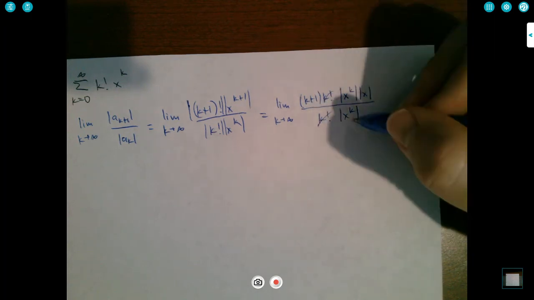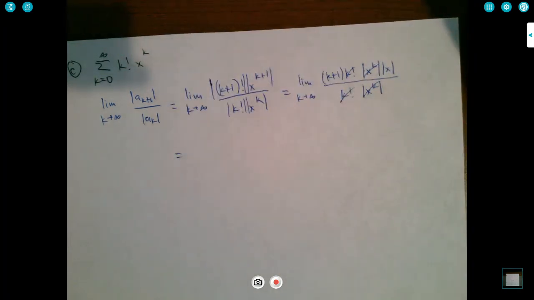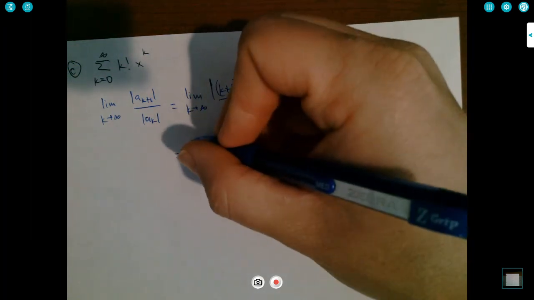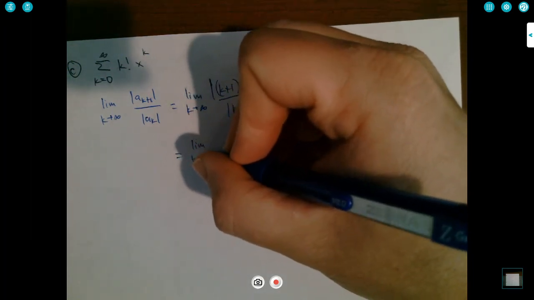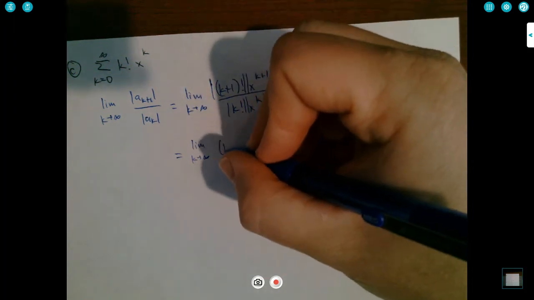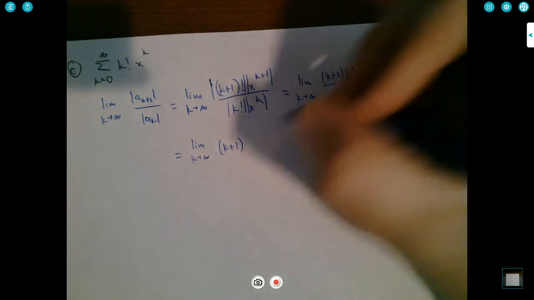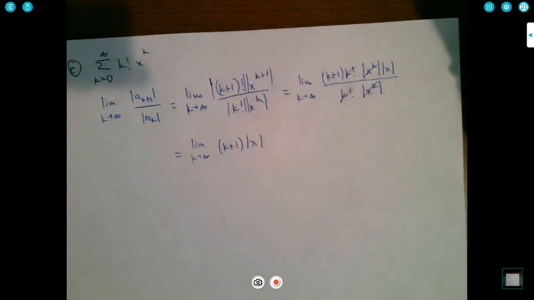So those are going to be gone. Everything canceled except the limit as k goes to infinity of (k+1) times the absolute value of x.